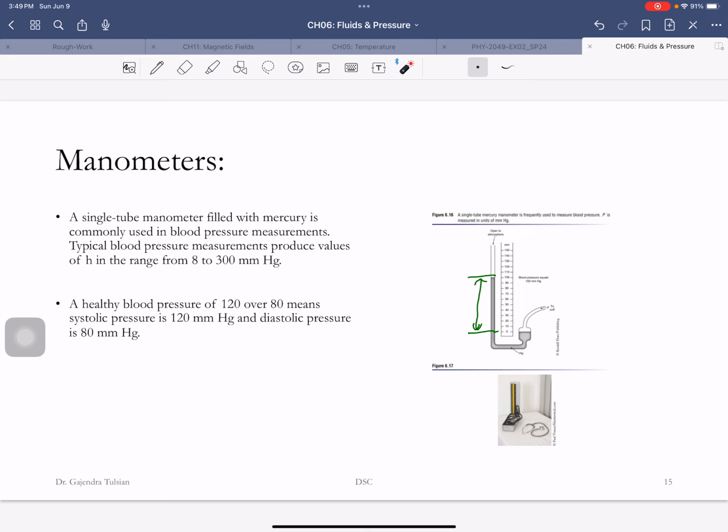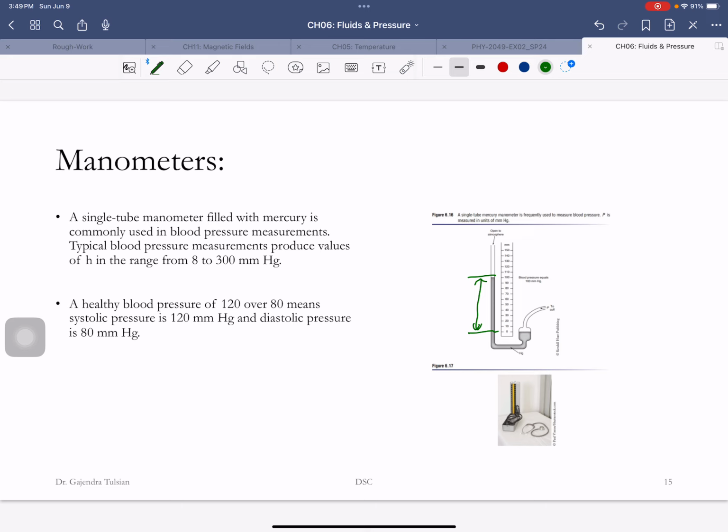So here's a manometer that a doctor uses. It's a blood pressure measuring device, and it measures the gauge pressure. A single tube manometer filled with mercury is commonly used in blood pressure measurements. Typical blood pressure measurements, again these are gauge pressures, range from 8 to 300 millimeters of mercury.